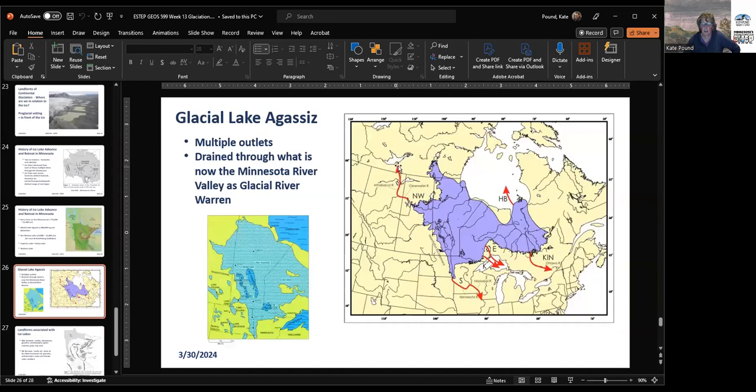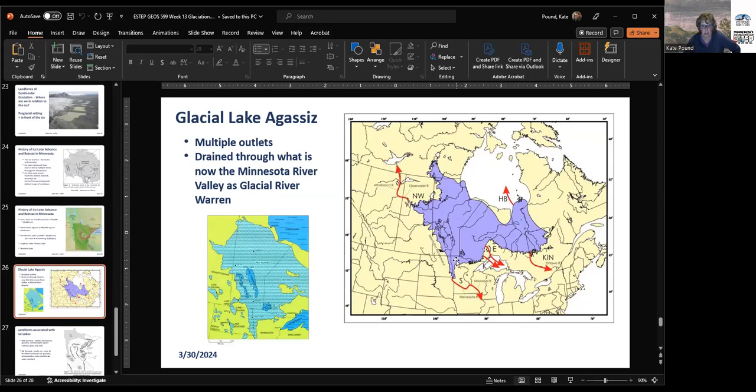Hudson Bay to the northwest and up towards the Mackenzie River, southward down the Minnesota River, and then into what is the Mississippi, and then at various points through the Great Lakes out into the St. Lawrence. Absolutely enormous.